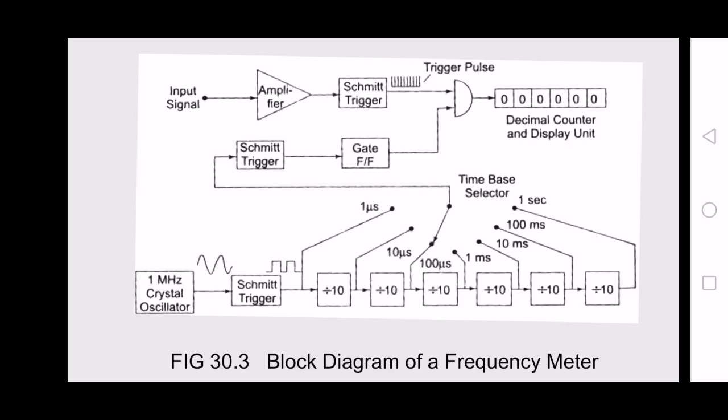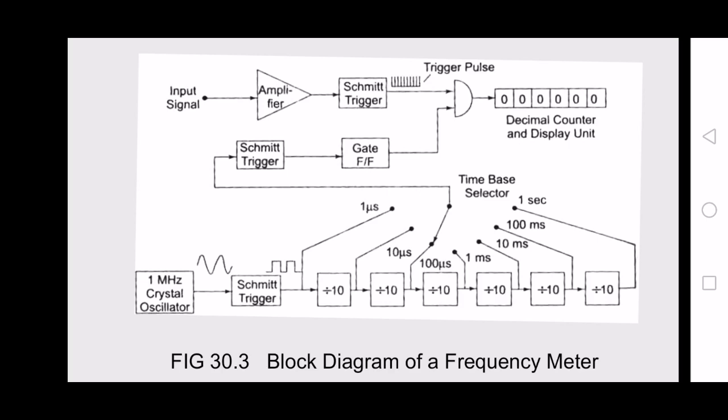Based on that, you can select different time bases for counting the unknown input signal frequency. You can select either 1 microsecond, directly from the Schmitt trigger, or divide by 10 to get 10 microseconds, then 100 microseconds, 1 millisecond, 10 milliseconds, 100 milliseconds, and finally 1 second.